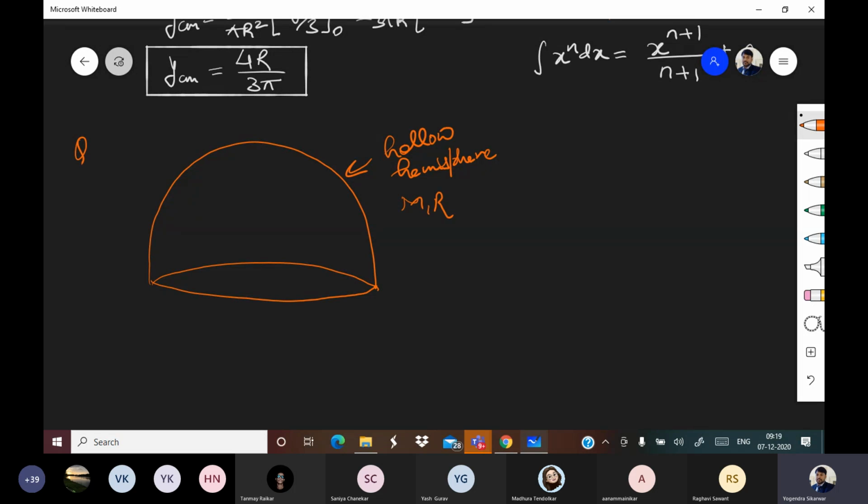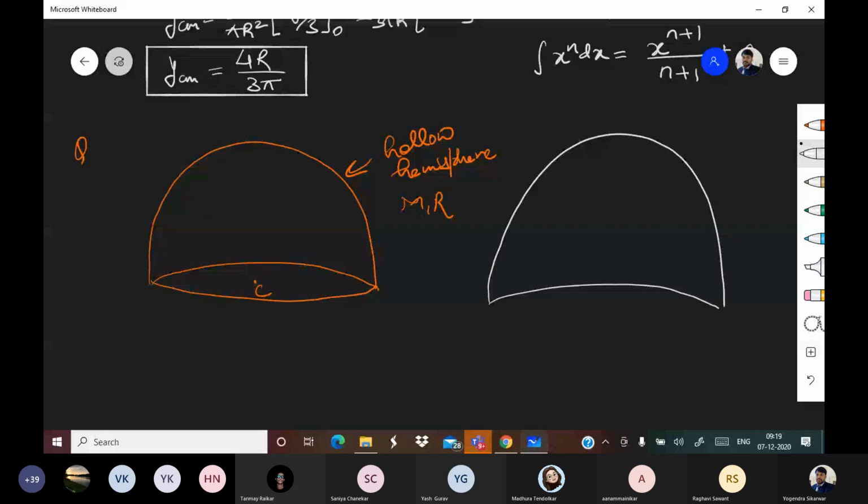M is mass, R is the radius. This is center C. And similarly, I am going to give you a solid hemisphere. So when it is solid hemisphere, let me paint it also. All right. Basically now entire volume will be filled with mass, unlike the previous one.